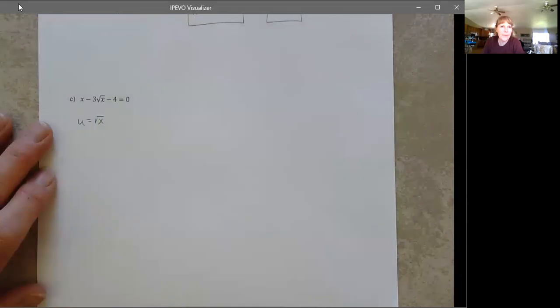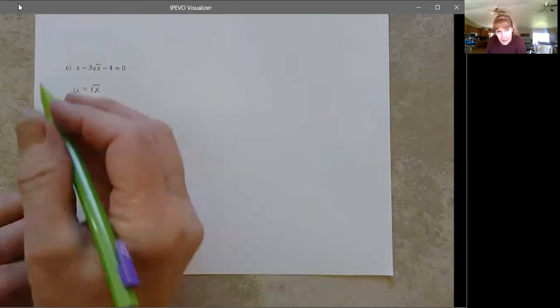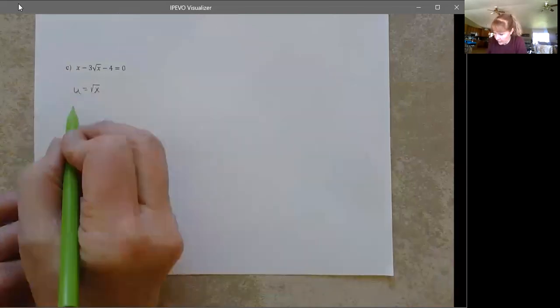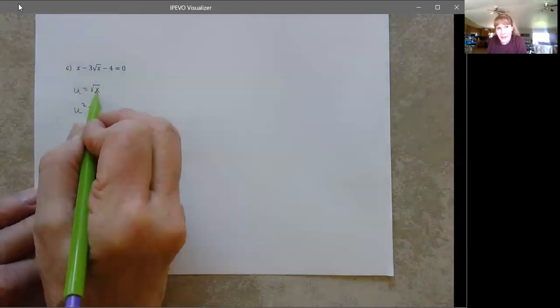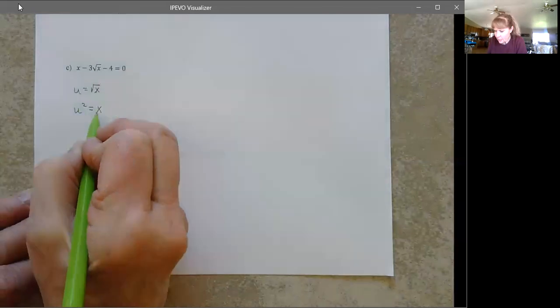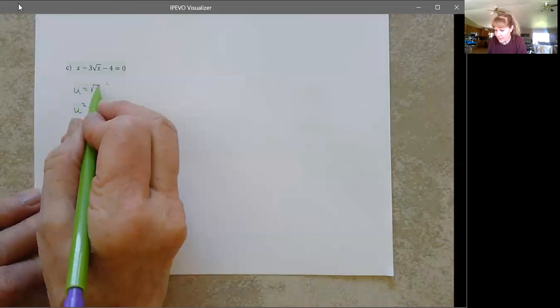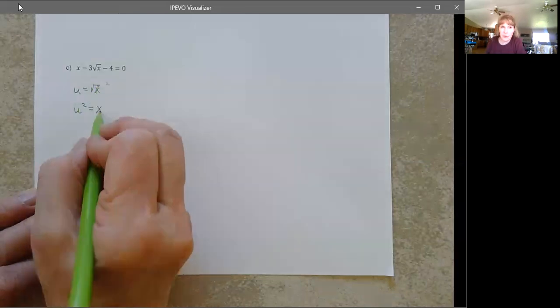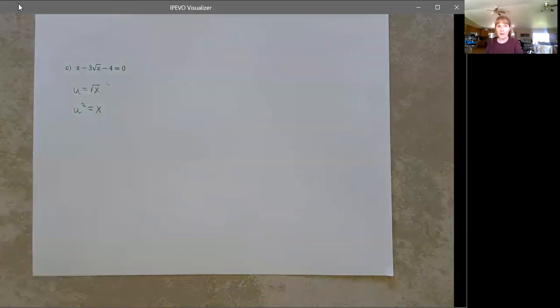No problem. Then we're going to square both sides. So you square this u and you get u squared. When you square this, the radical disappears and you end up with x. The square and the square root cancel out and you end up with x to the first. So you see the substitution does work out quite well.